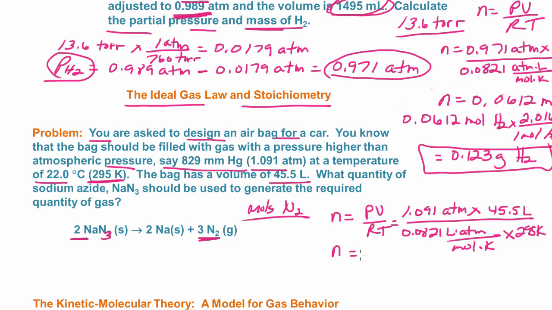So the number of moles of nitrogen gas will be 2.0496 moles of nitrogen gas.